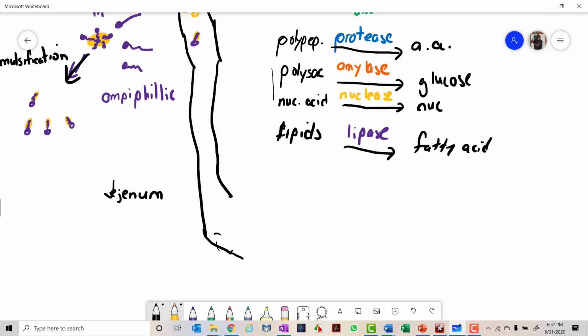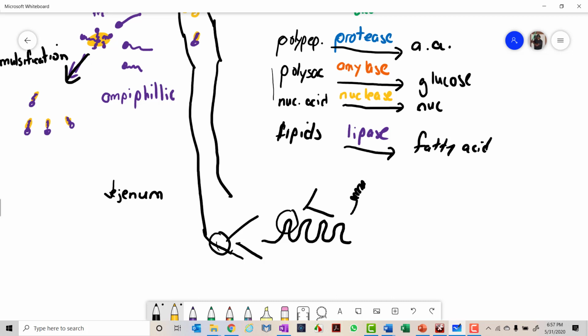If I were to blow up this wall right here, what you'd see is that it has all these folds. And what these folds do on the inner wall is they increase the surface area. And then if I were to blow up a certain section of this, so you can see what it looks like there, on those folds, you're going to see these tiny finger-like projections.